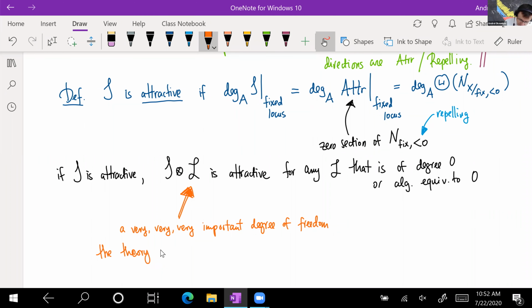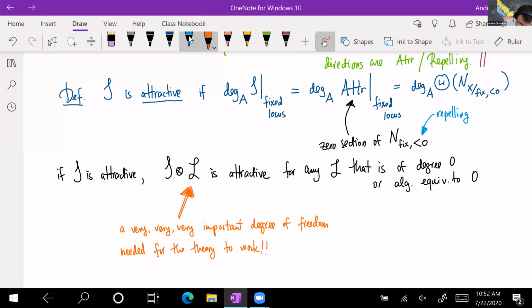So this is needed for the theory to work, for a variety of reasons, the simplest one I will explain in a minute.